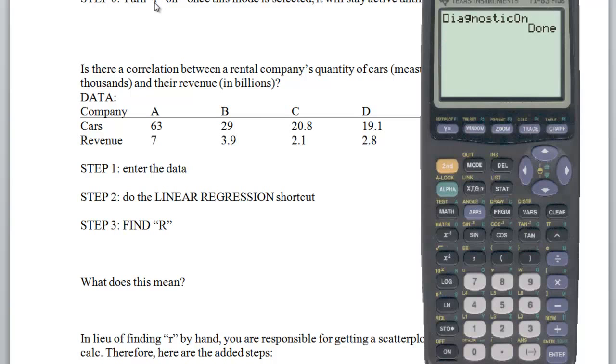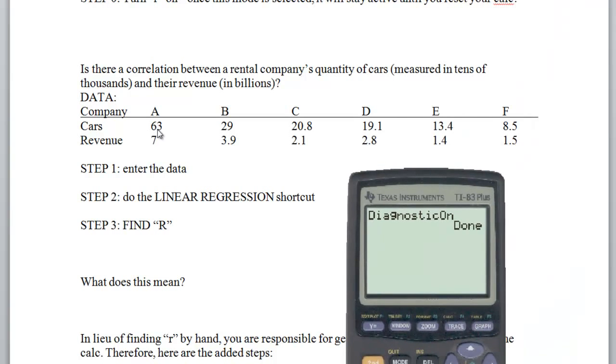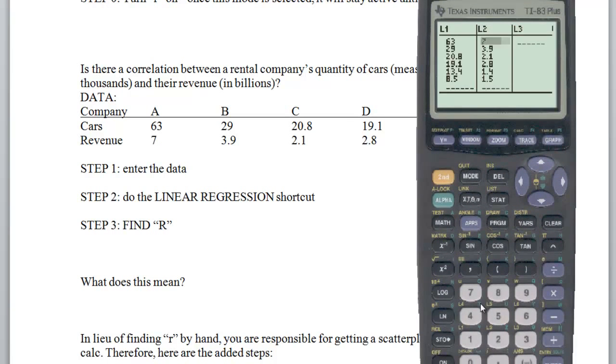The correlation coefficient R. Alright, so let's now take some time and type in this car data that you just plotted on the scatter plot. Click on Stat, and then click on the Enter key, and you'll notice that I've already typed mine into list 1 and list 2.